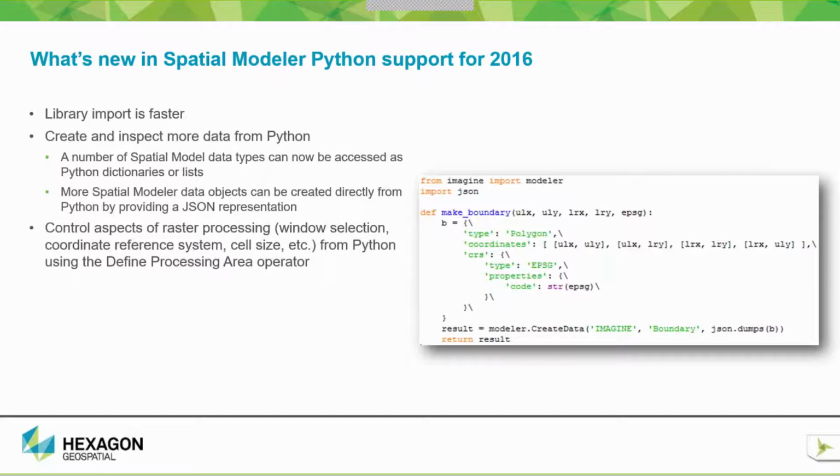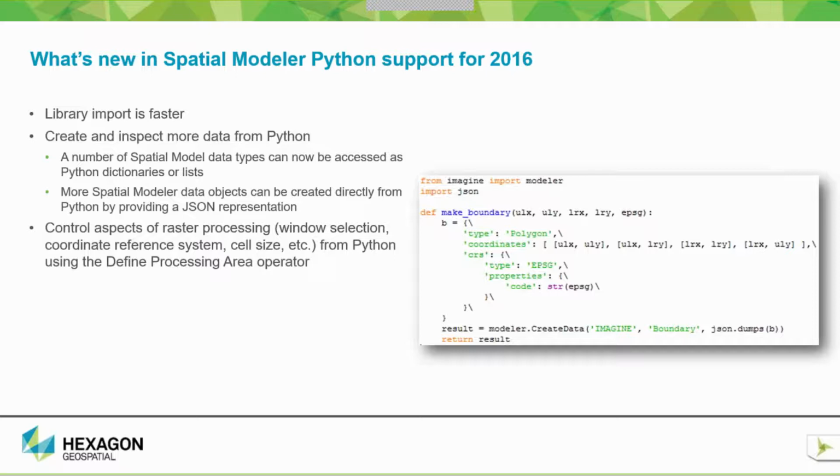So, continue. One last thing here is that another thing you can do now in 2016 via Python that you could not do previously is control the raster processing. As Ian said, we got rid of the processing properties and we introduced the Define Processing Area operator.